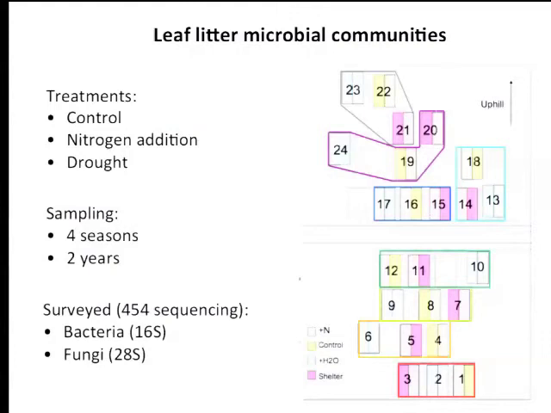Okay, so on the right is just a map of Mike's plots in the grassland ecosystem, and he has 8 different blocks, and we chose to look at 3 different treatments: the control ambient conditions, added nitrogen, and the drought plots. And we didn't look at this in a factorial manner, so I'm going to be talking about the experiments kind of as 2 experiments: the drought experiment and the nitrogen experiment.